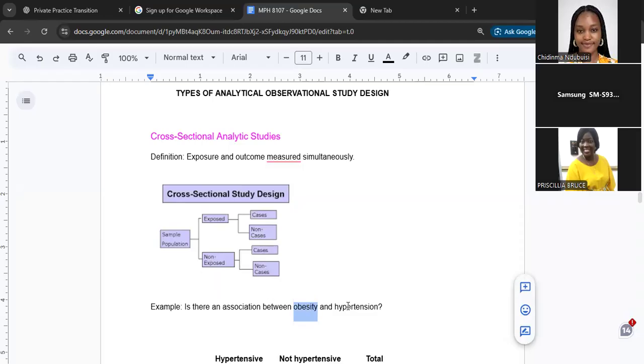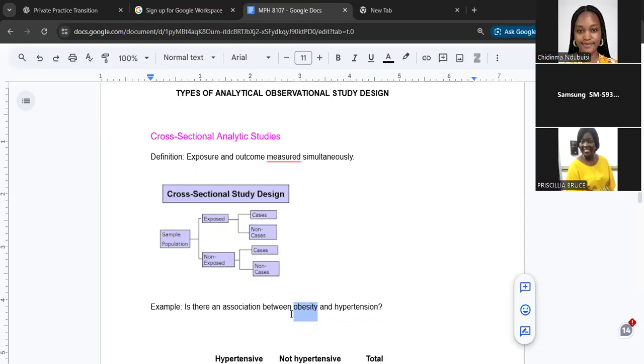Obesity is the exposure. Hypertension is what is being referred to as cases. Whenever we see case, it's talking about the outcome, the presence of the outcome, people who have it. So obesity here is the exposure, and then hypertension is the case. That's what we use to decide case versus non-cases.